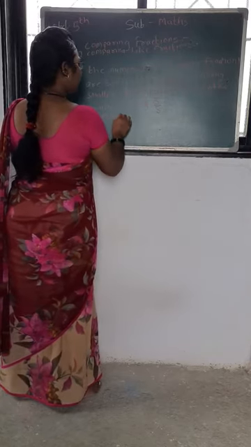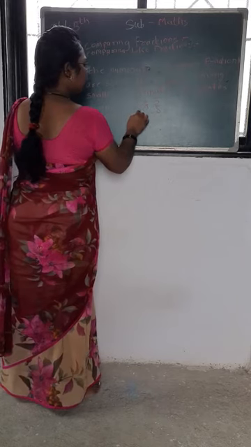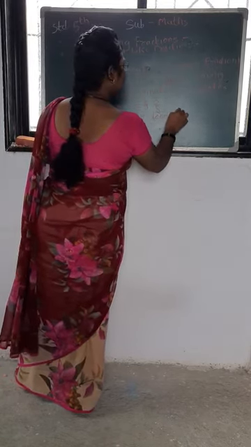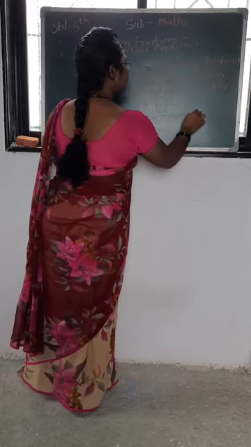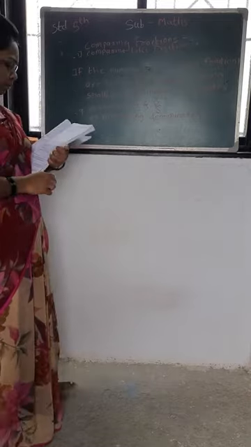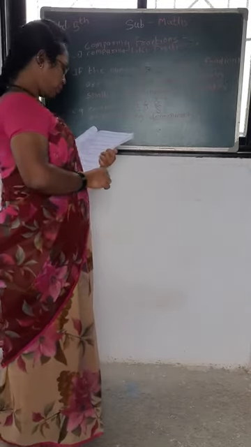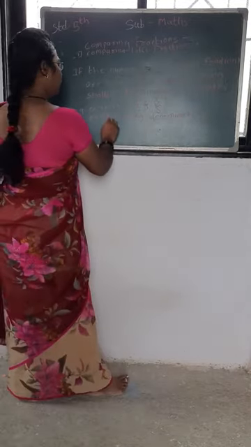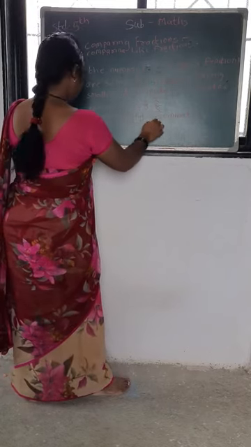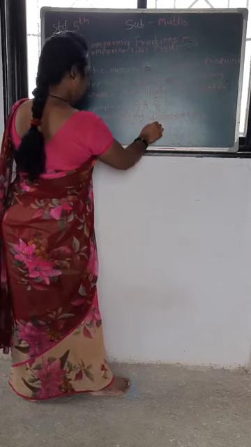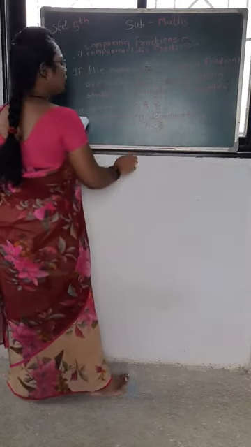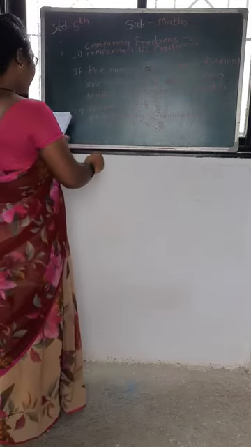Then on comparing the denominators, we find 7 is less than 8.